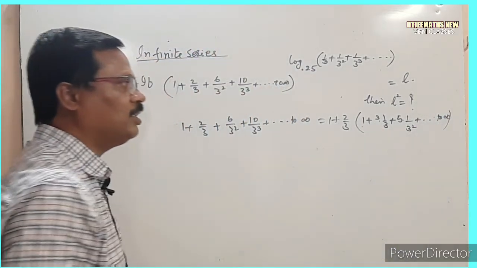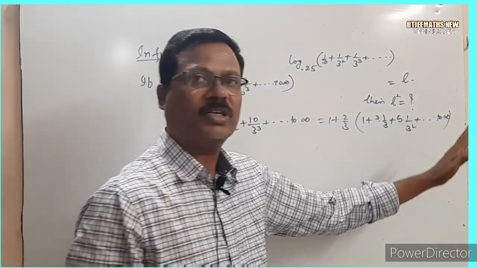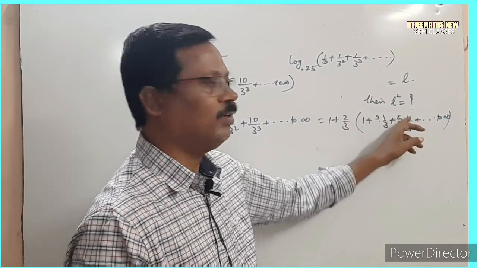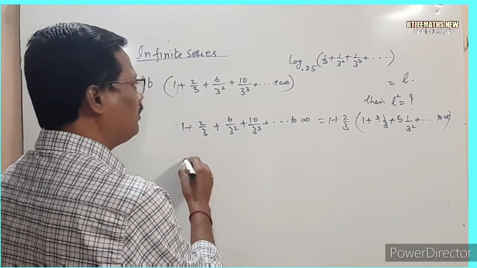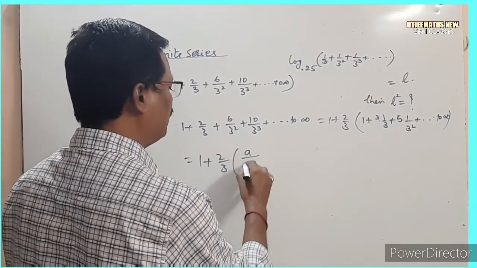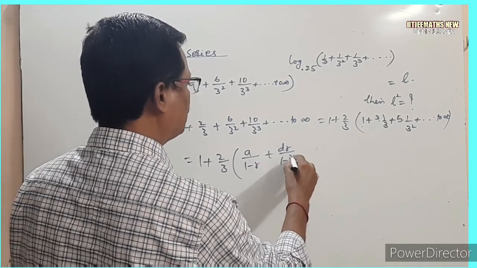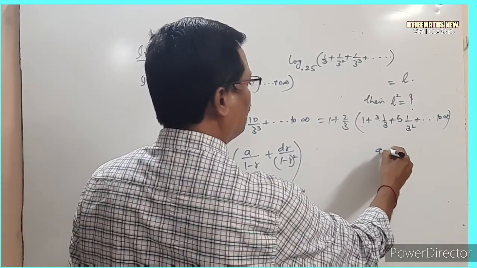This is an AGP series. 1, 3, 5, 7, these are in the AP, and 1 by 3, 1 by 3 square up to infinity. This is the infinite AGP series. How we simplify infinite AGP? Infinite AGP formula is A by 1 minus R plus dr by 1 minus R whole square. What is A? A is the first term, A is equal to 1.